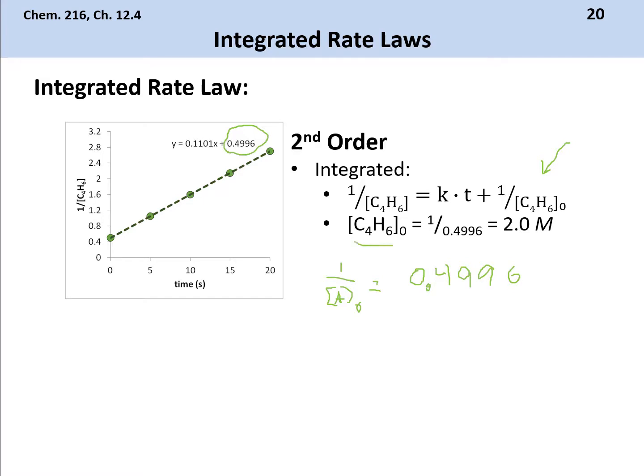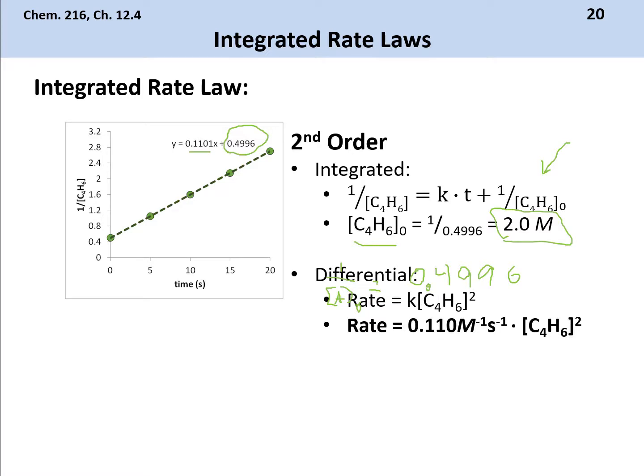So that means the initial concentration is 1 over this, so it's 2 molar. That kind of makes sense because we already started with that. And this value right here, this 0.1101, that's my value for K, my rate constant.